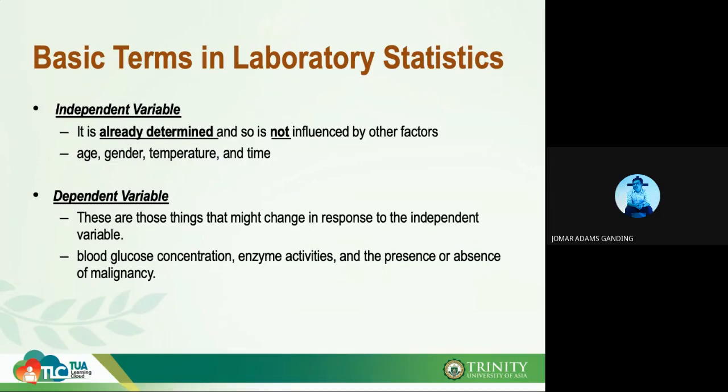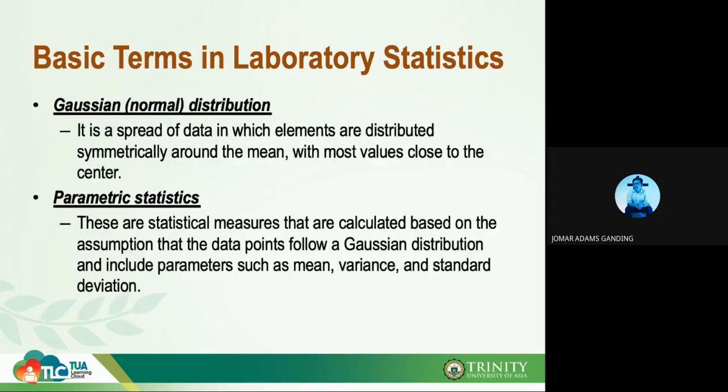Now let's move forward. We only have 7 minutes. So moving forward, we have your Gaussian or normal distribution. A normal or Gaussian distribution is considered to be present if the spread of data is distributed symmetrically around the mean, with most of the values close to the center.